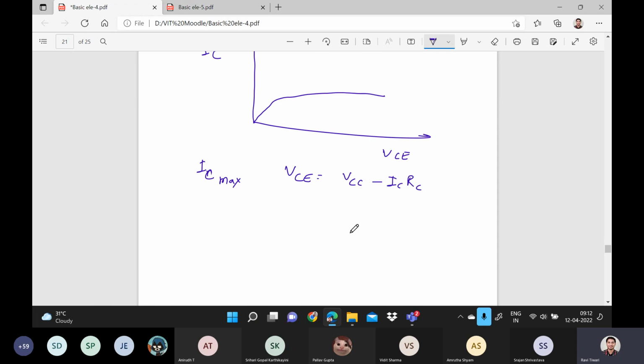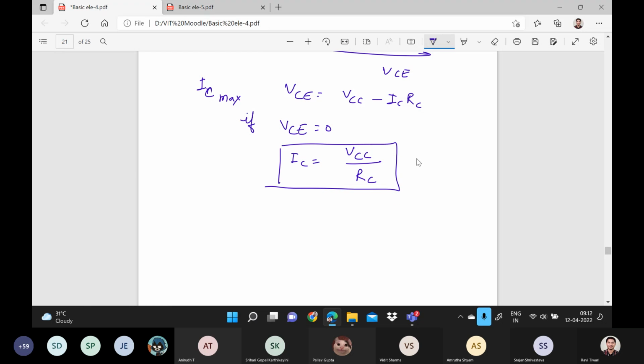I want to know the value of IC if VCE is equal to 0. Then what you will get from here is that the value of IC will be equal to VCC divided by RC. This will be the maximum value of current. This is the IC max, you can say.